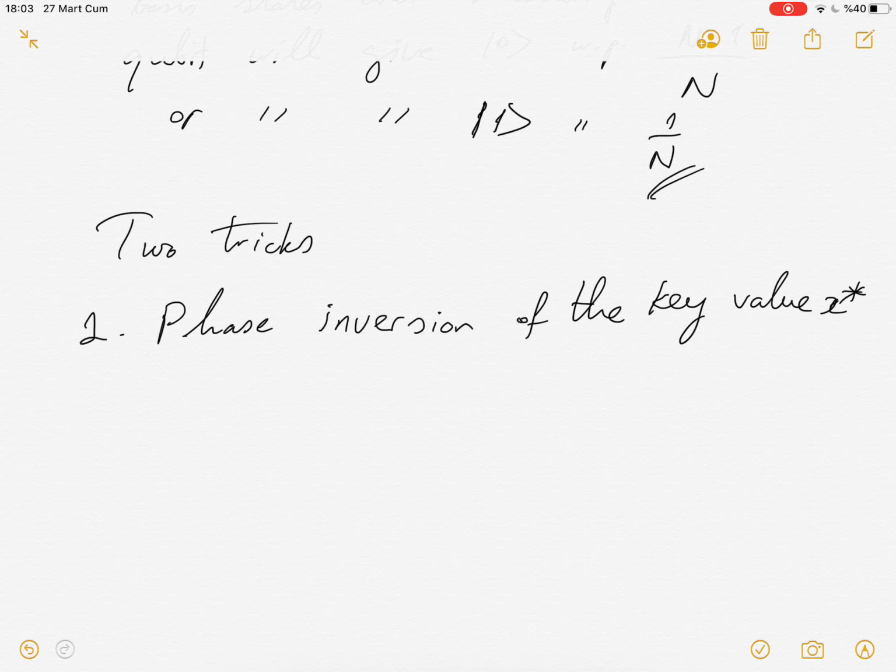So what does that mean? Well, roughly speaking, that means we want to mark the key value by changing its phase, by flipping its sign. And it works in the following way. We set the oracle qubit, the control qubit, in the negative phase superposition state.